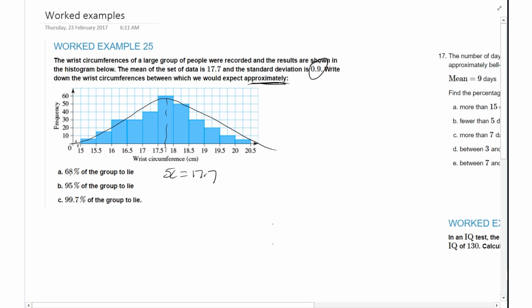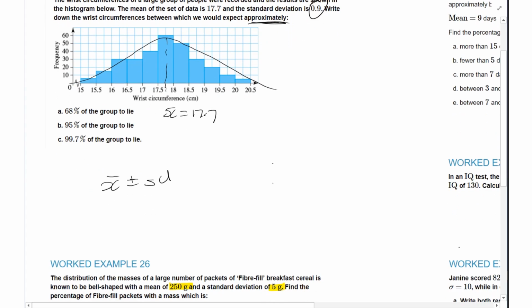So when we say 68%, we're talking about one standard deviation. So A is going to be, remember, x bar plus or minus SD. So 68% is one standard deviation both sides.